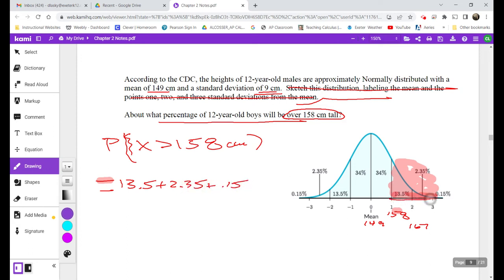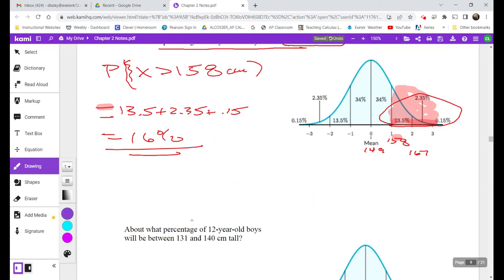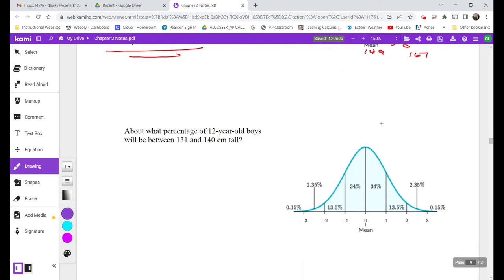That's these guys right here. Okay? So that is going to be, this is 16%, I believe. So that's 2.52. Yep. So the probability is 16%. So the probability that a 12-year-old boy will be taller than 158 centimeters is 16%. 16% probability. Okay. So let's talk about the between items.